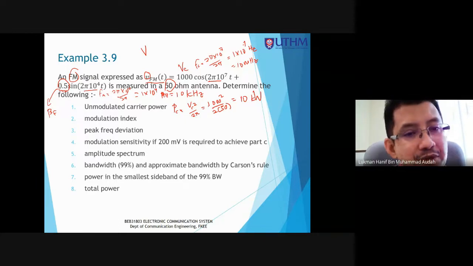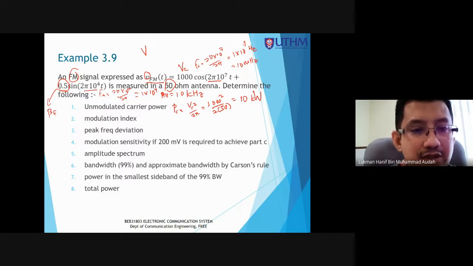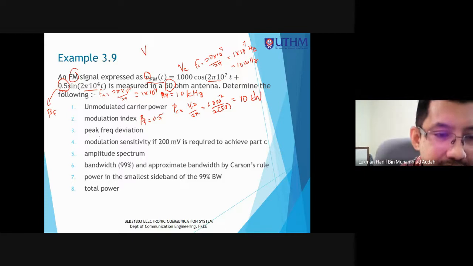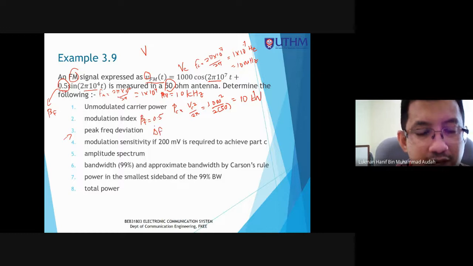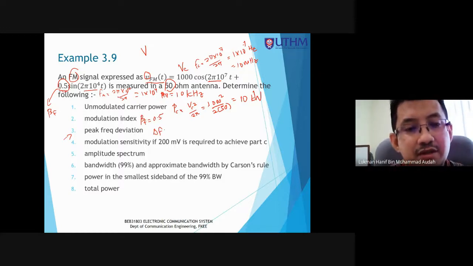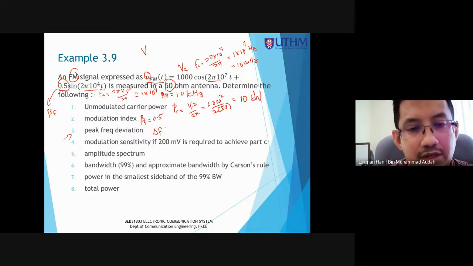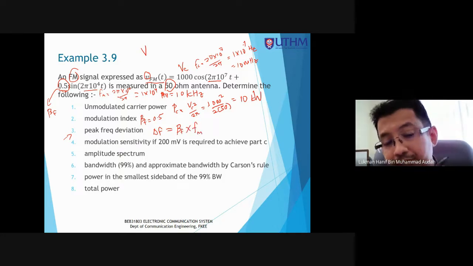Okay, from here, modulation index beta F. How much is beta? Beta F is of course already given in the question. Beta F is equal to 0.5. And then the third question: find the peak frequency deviation, delta F. Since we know beta and the modulating signal frequency FM, we can calculate delta F, the frequency deviation, which is equal to beta F multiplied with FM.